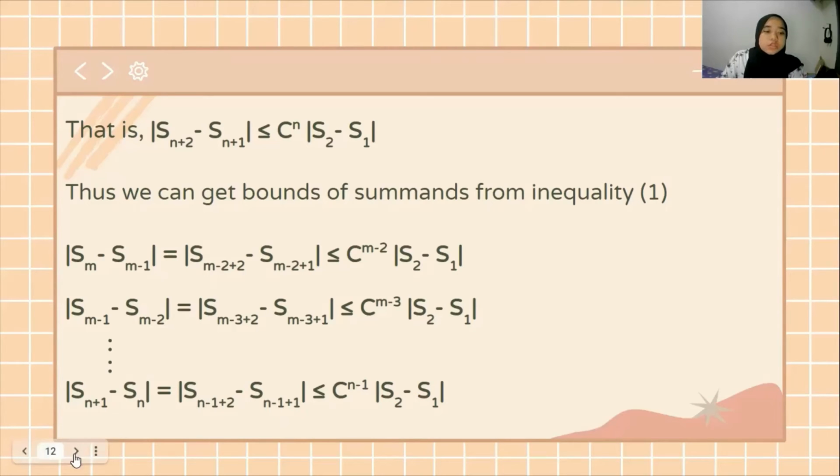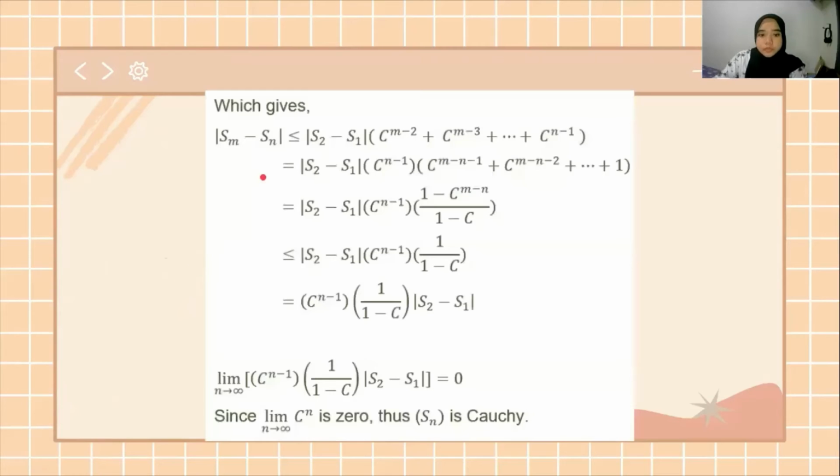So we continue the solution, which gives |S_m - S_n| less than or equal to |a_2 - a_1| times the constant with power of m-2, plus the constant with power of m-3, plus until the end, which we will get the constant with power of n-1.